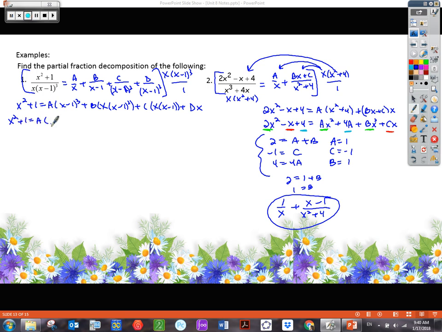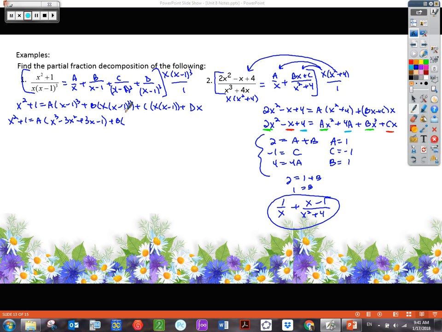We get a times, when I multiply x minus 1 times x minus 1 times x minus 1, I get x cubed minus 3x squared plus 3x minus 1. That's what I get there. Plus b times. I'm going to have to FOIL the x minus 1 times x minus 1 and distribute an x.